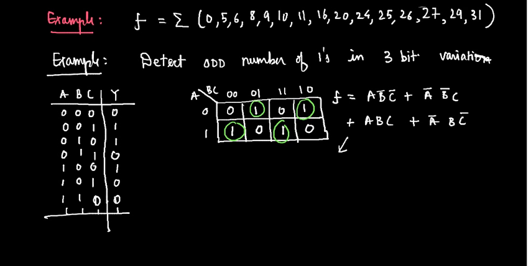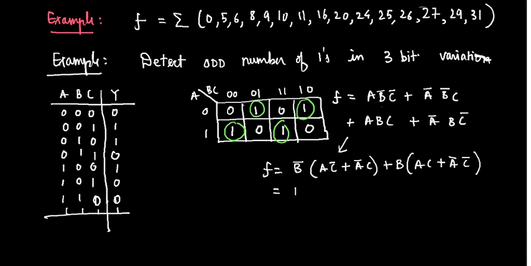Say for example, I may take this B bar common from here, then it would be A C bar or A bar C. If I take the next two, what can be common? B, A C and A bar C bar.